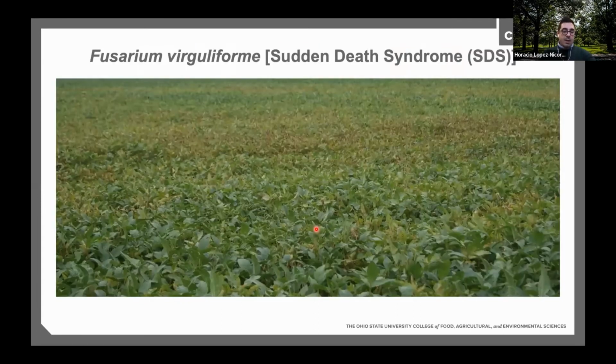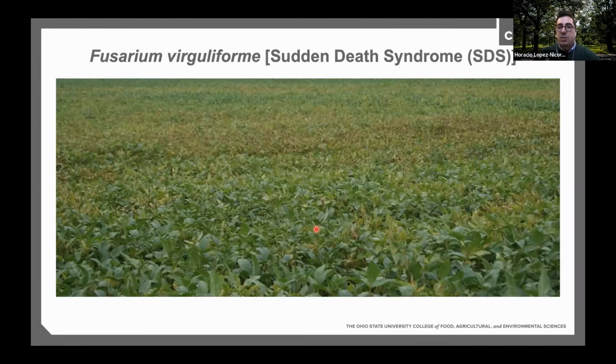Okay, I want to stay around the root of the soybean, but I want to transition now to other pathogens that can threaten our production. I always say, it's not that I have my field with only soybean cyst nematode, and over there I have my field with Fusarium, and back there is my Phytophthora field.